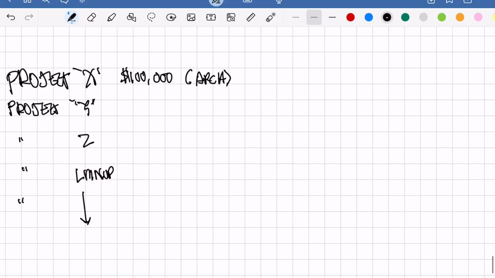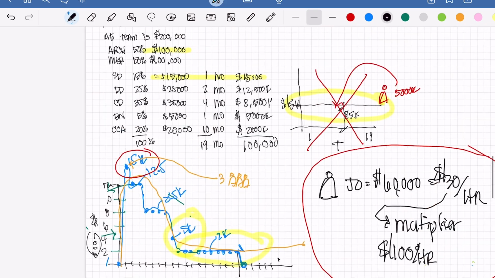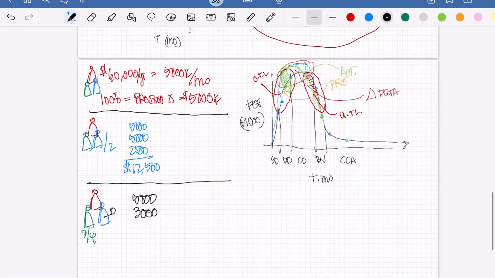So all the projects stack on top of each other cumulatively. So let's take a look at what that means. And this is how you can see the cumulative effect of the most important curve in architecture, projection versus actual for labor. I actually called it fee projection versus actual. They're somewhat interchangeable. Up here, I called it labor projected versus actual.